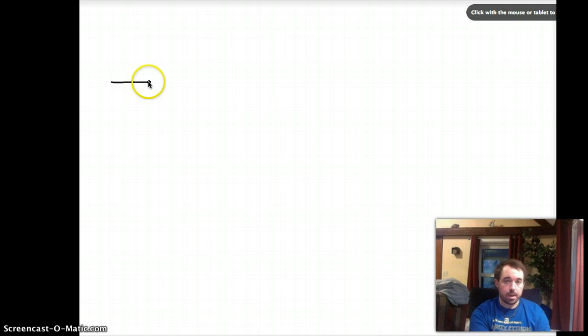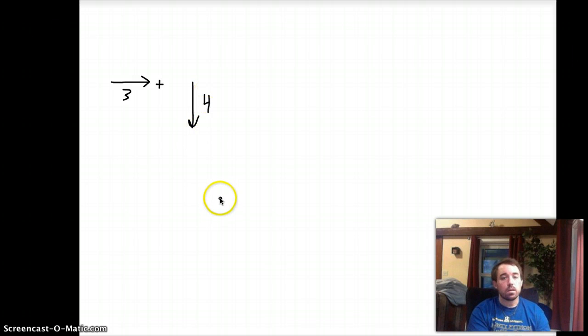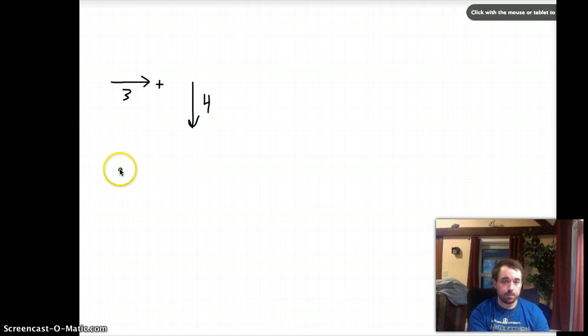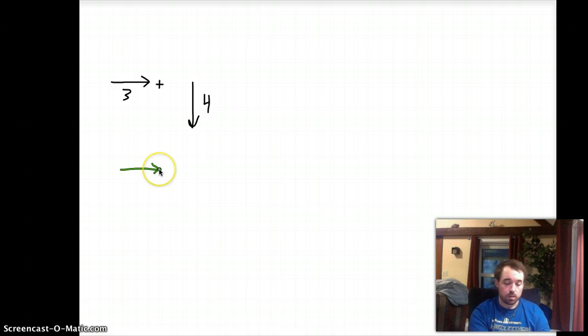So let's say we had a vector of 3 and we wanted to add it with a vector of 4. Well, again, tip to tail. So there's our 3. Then we want to start right at the tip of our 3 vector, go down with our 4 vector.